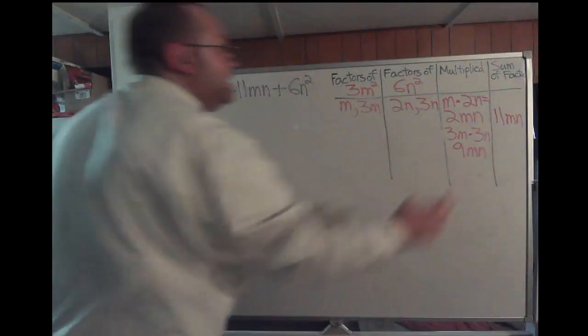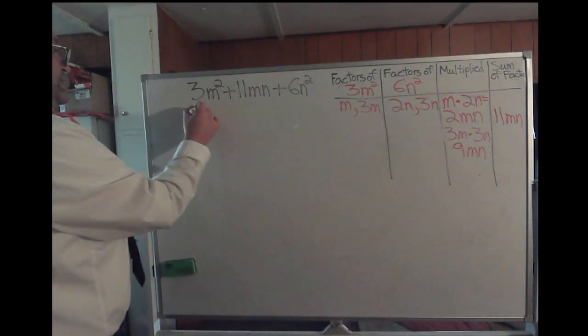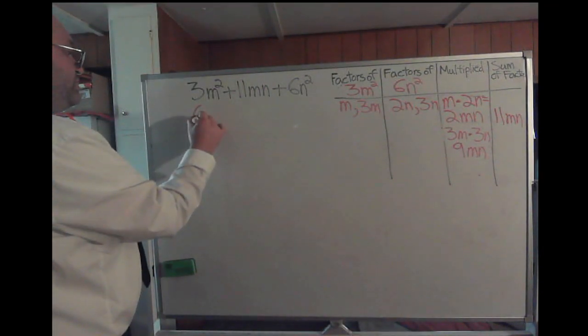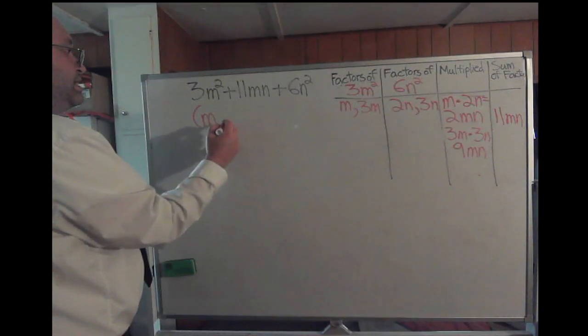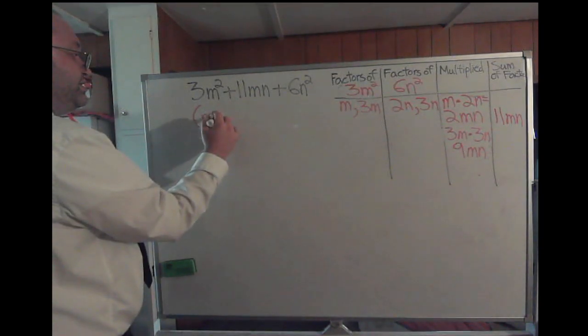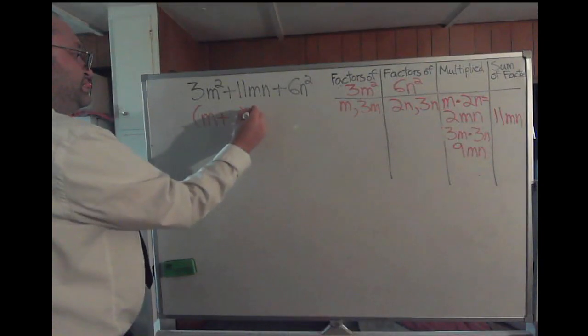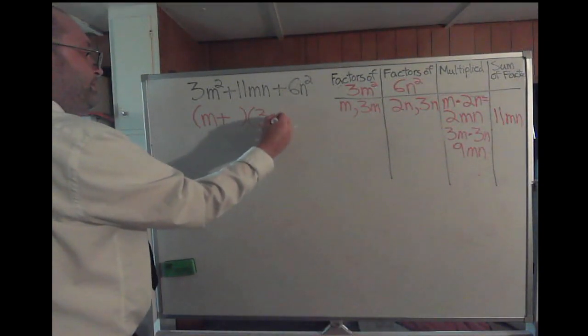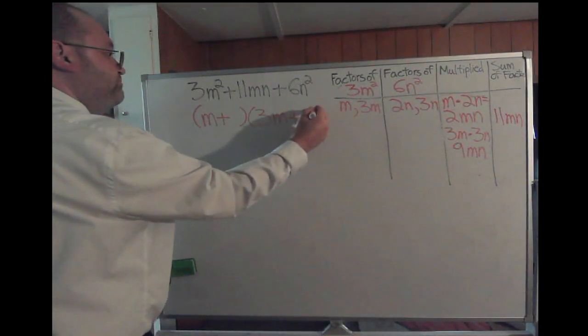So now we take our factors of the 3m squared, which would be m, and since everything's positive in the original polynomial, you'll just do m plus something times the quantity of 3m plus something.